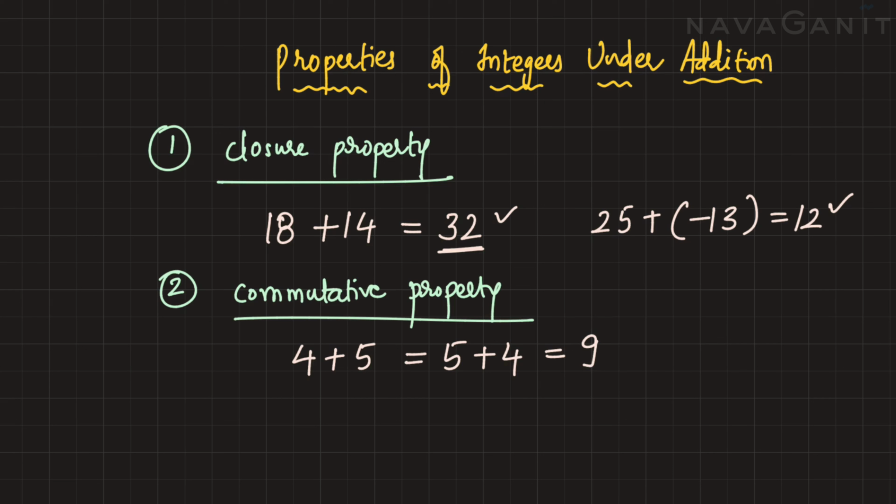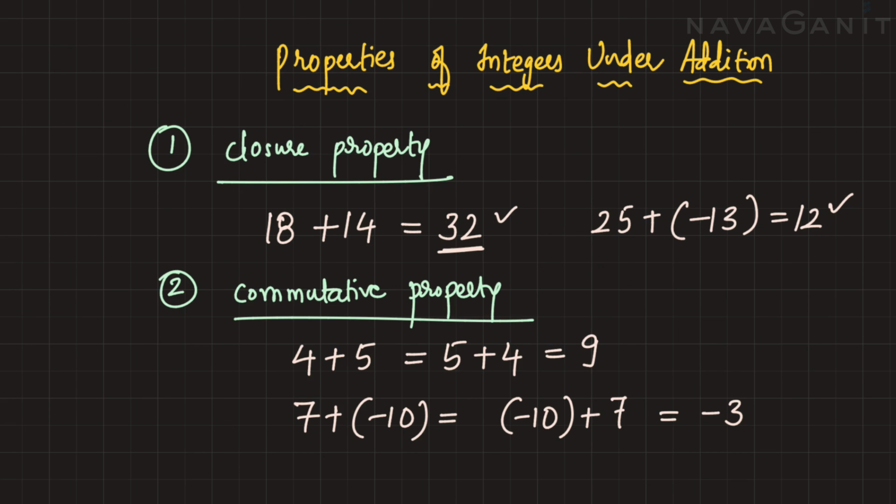So the order in which two integers are added will not affect the sum, and this is called the commutative property. Say we add 7 to minus 10, or whether we add minus 10 to 7, we will still end up getting minus 3. So the order in which they are added does not matter.